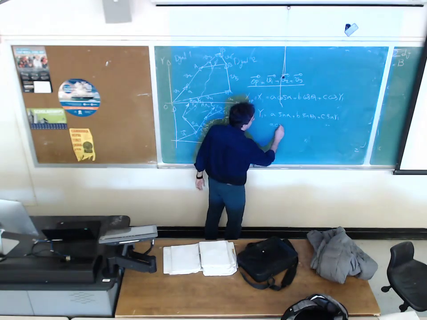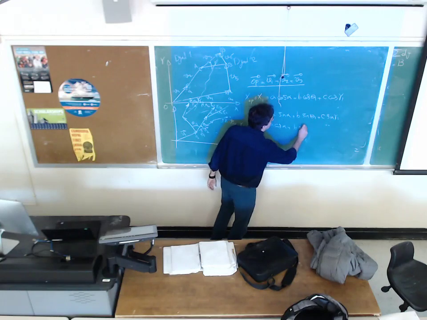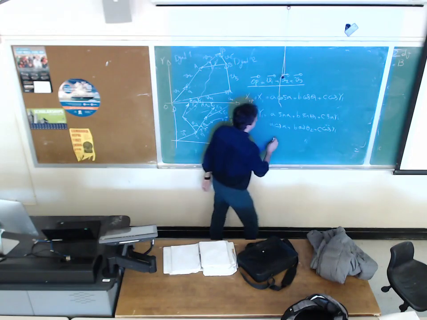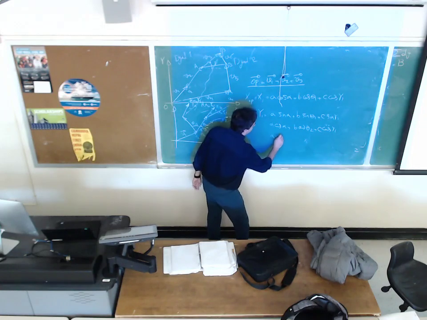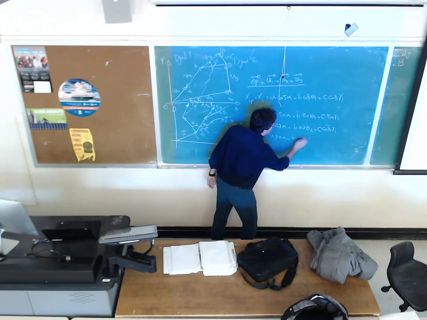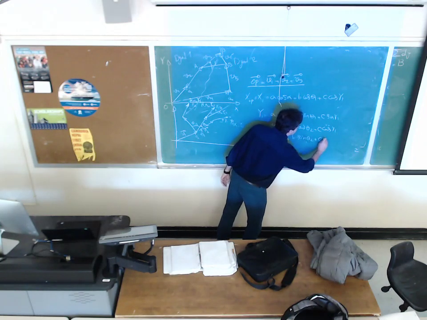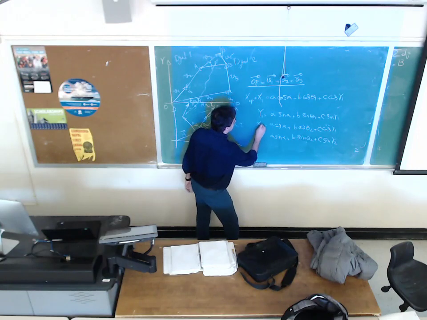A cosine of alpha plus b cosine of theta 2 plus c cosine of gamma 2, and a sine of alpha plus b sine of theta 2 plus c sine of gamma 2, equal x2, y2.